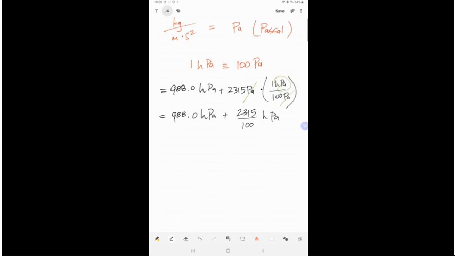So basically we have 988.0 hectopascal plus, when you do the division here, you end up with 23.15, since that would move 2 decimal places. We're really only justified here to 3 significant figures, so let's call it 23.2 hectopascals. And then we'll use our calculator.